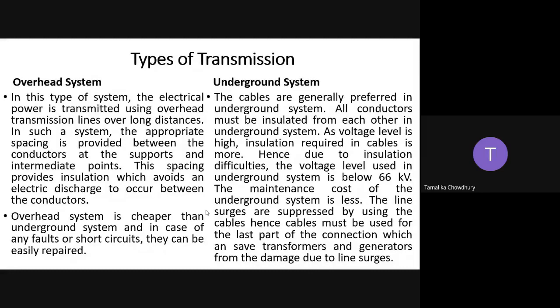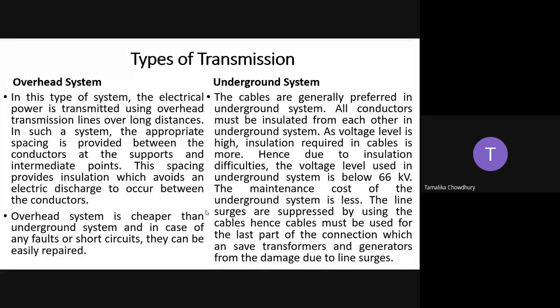The maintenance cost of the underground system is low. And what is another advantage? It concerns surges. Has anyone heard the term surge? What is the meaning of surge? Anyone? Increase, right.